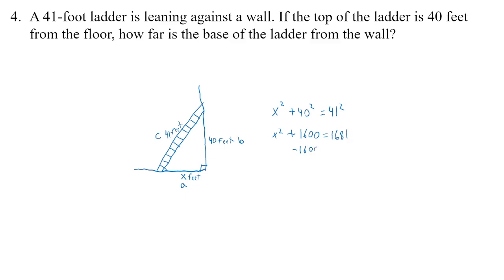Subtract 1,600 from both sides, and you will have x squared equals 81. Take the square root of both sides, and you will have x equals 9. Therefore, the solution is 9 feet.